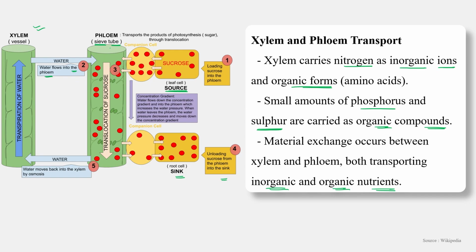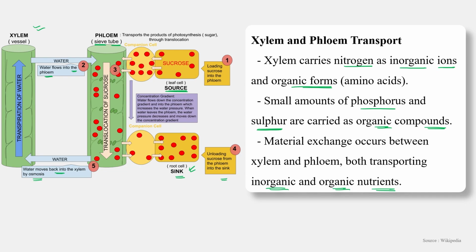So movement occurs from higher solution concentration to lower concentration, and when it comes to the bottom side, it will again separate out the main content, or food particles, or we can say nutrient content, into the root cell, right? And water is separated out and moves back into the xylem by osmosis.